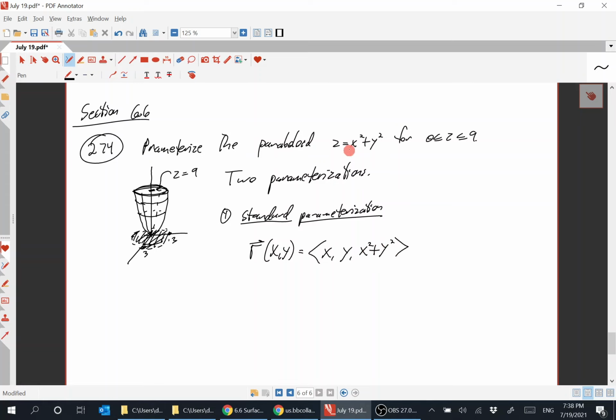Because the surface is of the form z equal to f(x, y), you've always got this standard parameterization. X is x, y is y, and z is f(x, y), for x and y in the circle of radius 3.